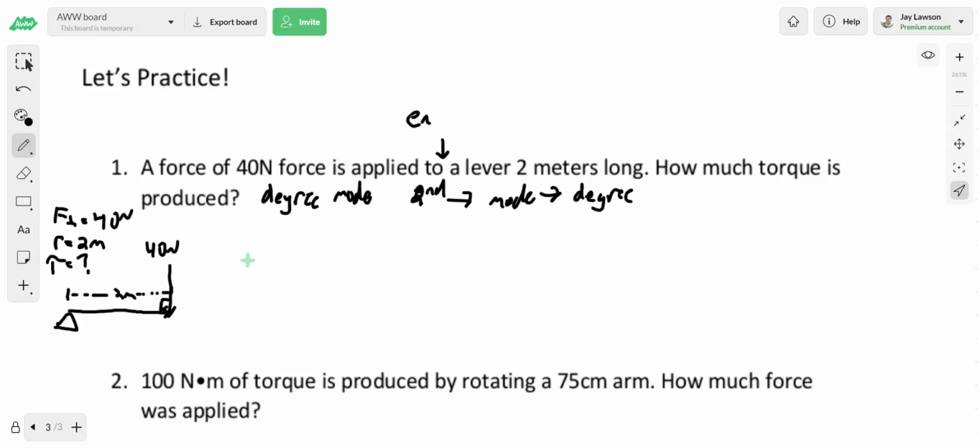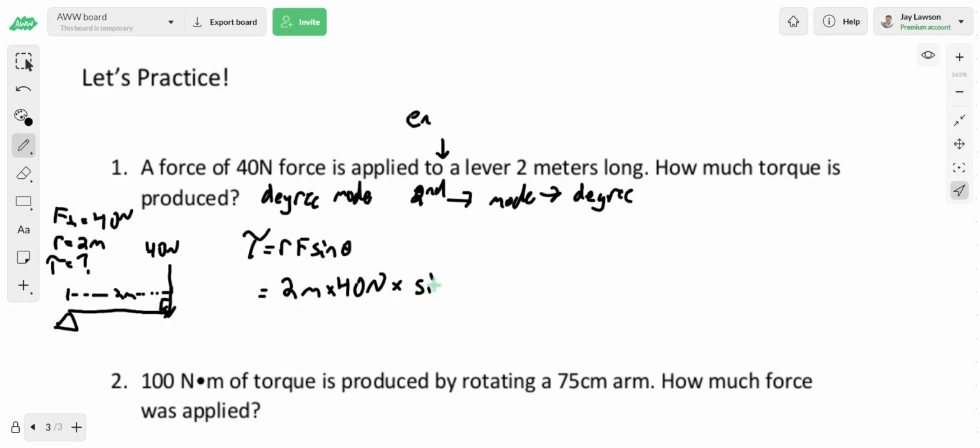All right. So torque, we said, is r F sine theta. Right, that's our equation for torque. So r, we're given to be 2 meters. F is 40 newtons.